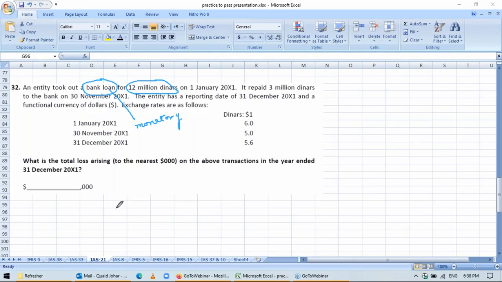Okay, so let's solve it now. Monetary means you have to keep retranslating it, and the gain or loss occurring on the retranslation will be recognized as an expense in the profit and loss account. So what happened? It was a 12 million loan. I'm taking it in thousands, and there are two pieces of it.